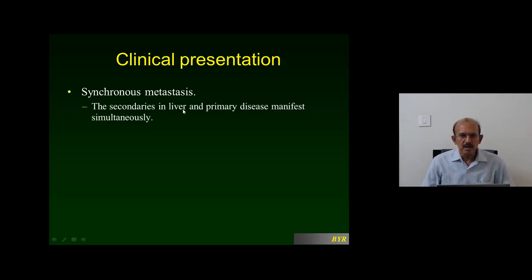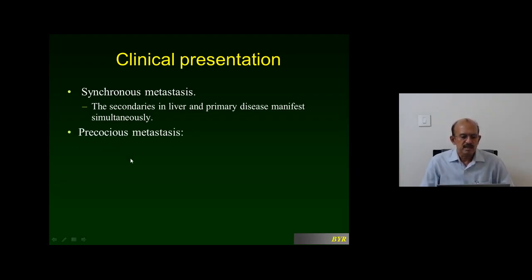The secondaries in the liver and the primary disease manifest simultaneously. So in the clinicals, when you examine, you will find a mass in the stomach and diffuse liver enlargement with multiple nodules. So primary and secondary both are seen, and we call it synchronous metastasis.